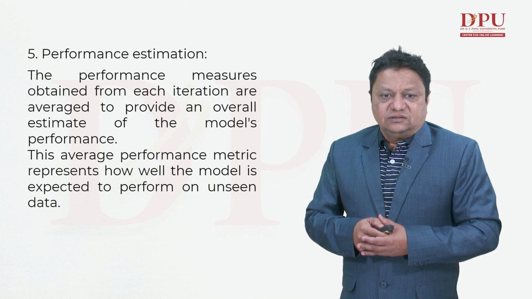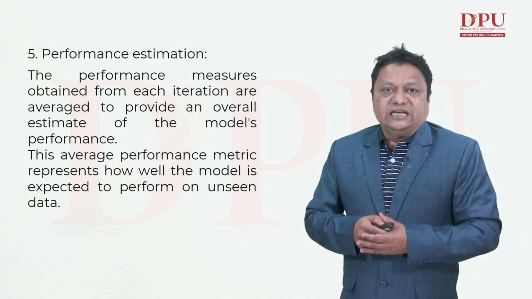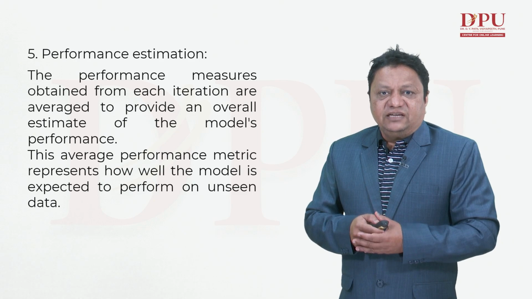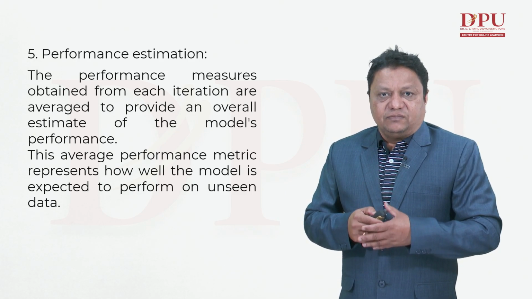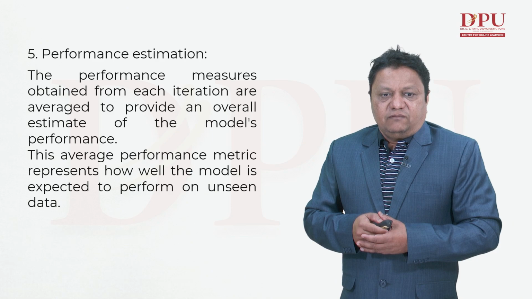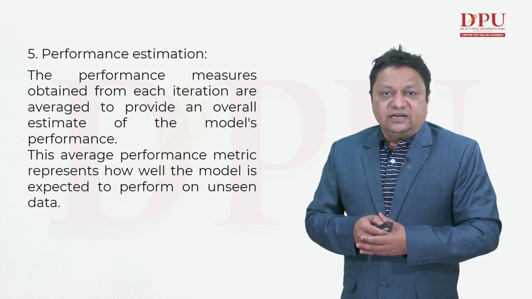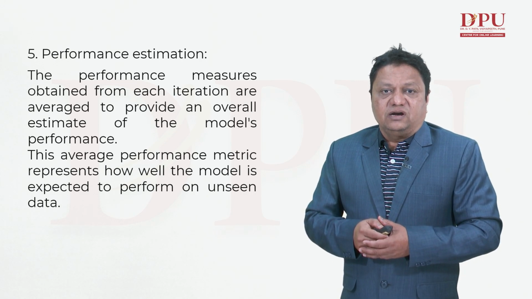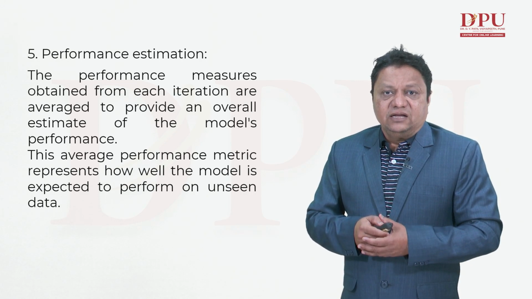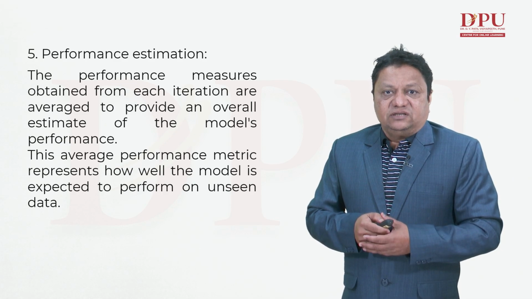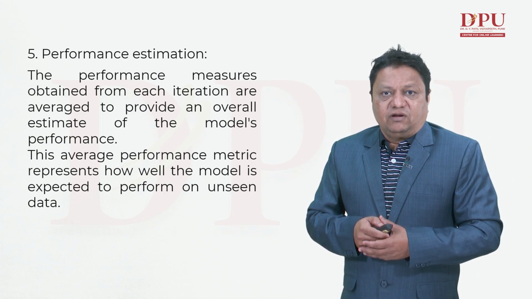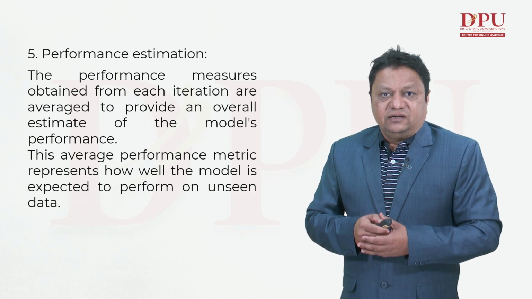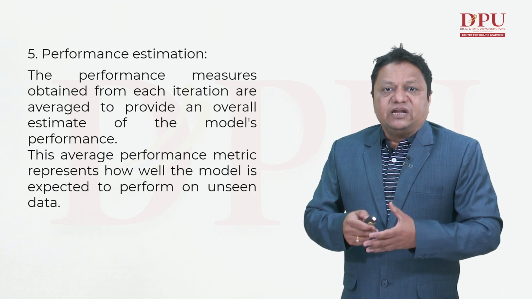This average performance metric represents how well the model is expected to perform on unseen data. So, this averaged number represents how well your model can perform on unseen or unknown data. The accuracy, the level of output, will be decided by the average values.